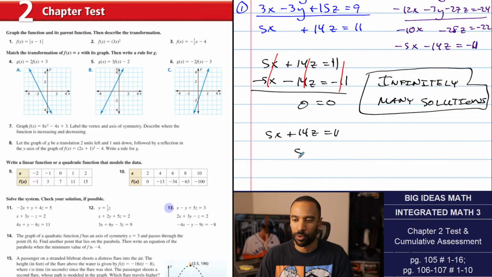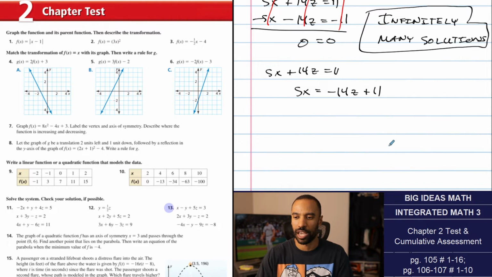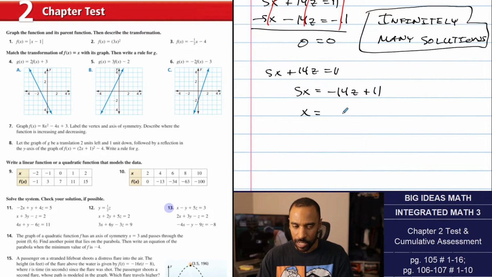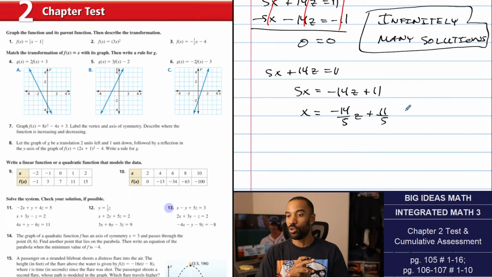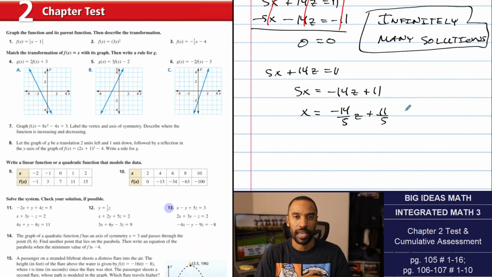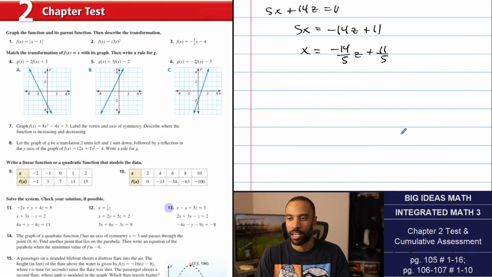If I subtract 14z over and divide both sides by 5, I get x equals negative 14 fifths z plus 11 fifths. Nothing pretty. You could write them as decimals, that would be negative 2.8z plus 2.2. So it's up to you. I'm going to leave them as fractions like that.